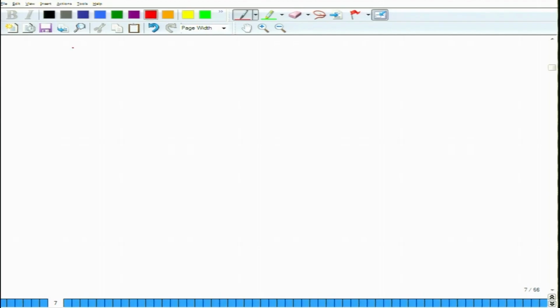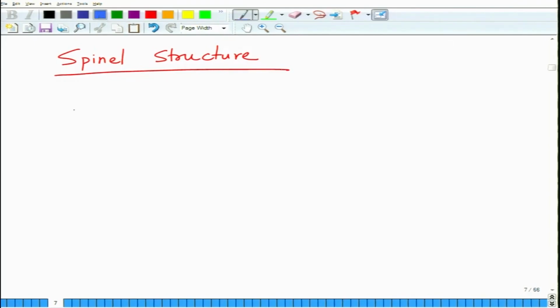Now, what we will do is look at another structure which is called the spinel structure. Spinel is a compound which has the formula AB2O4. Okay.